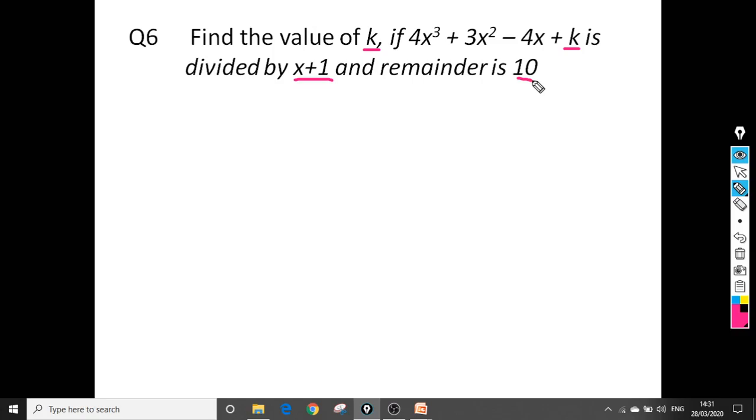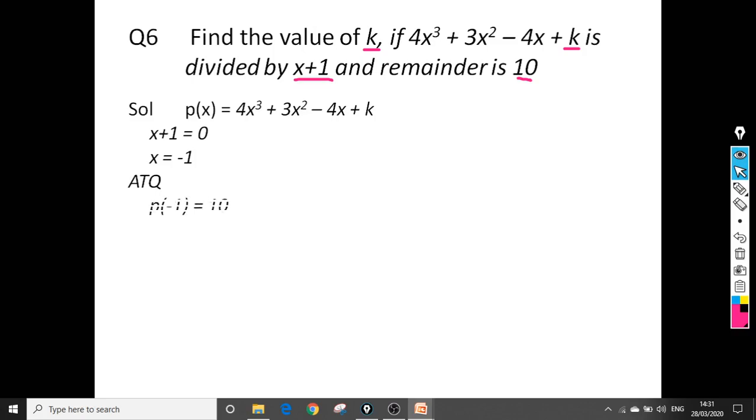So what we will do in this question, we consider the polynomial as p of x and substituting x plus 1 equals 0, x comes to be minus 1. Now according to the question, there is a condition given. The condition given is that p of minus 1 represents the remainder, and that remainder is 10, which is given in the question.